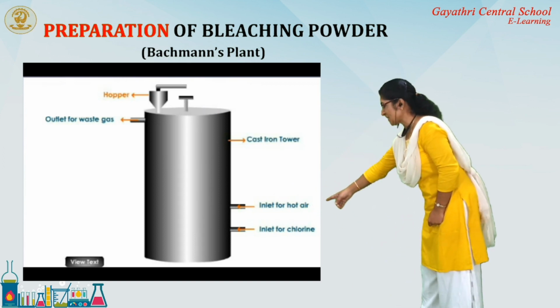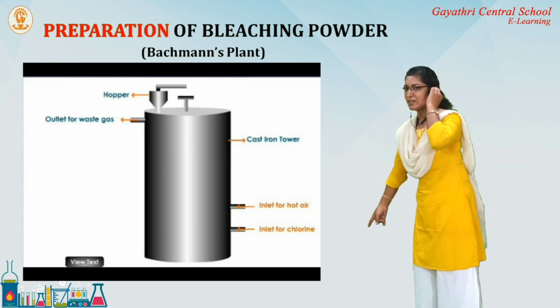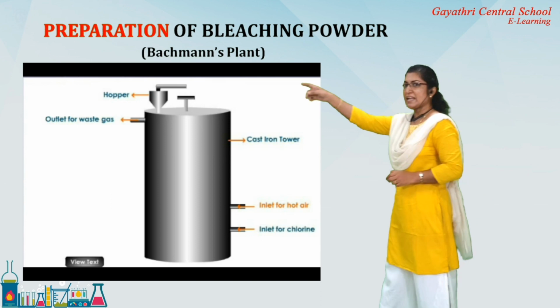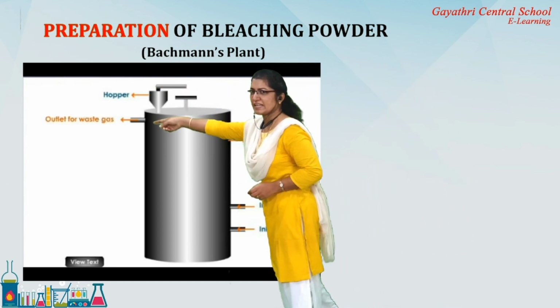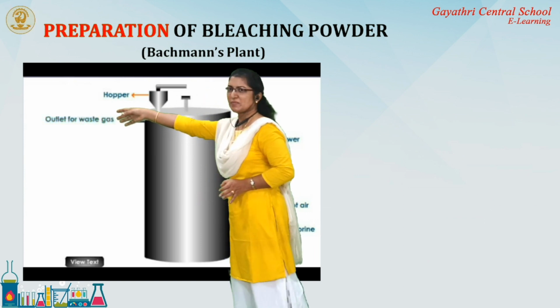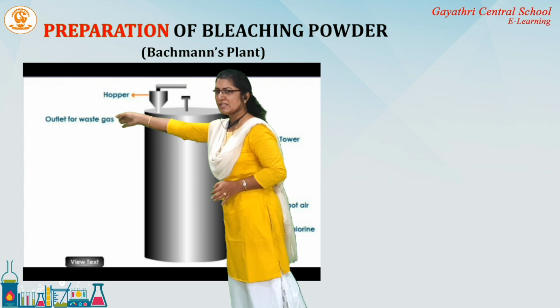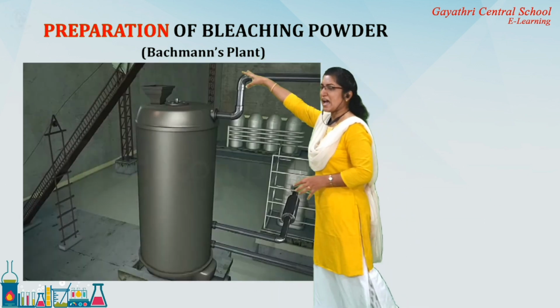One inlet pipe is for hot air, the other is for pumping in the chlorine gas. Then at the top left side you can see an outlet for waste gas. Whatever waste gas is produced will move out through this, and there is a hopper at the top. So this is the structure.